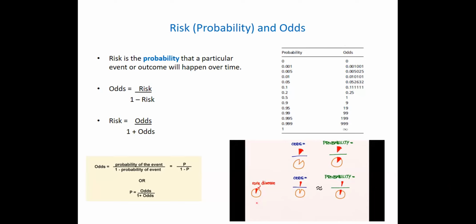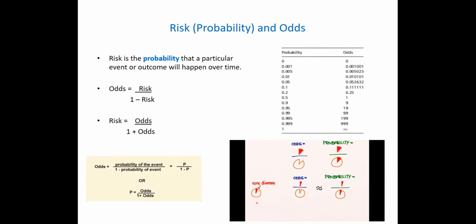For example, you toss a die that has 6 faces. You say, what's the probability that you get 2? You know that out of the 6 faces of the die, only one has 2 written on it. So the risk or the probability of you getting 2 is 1 over 6.